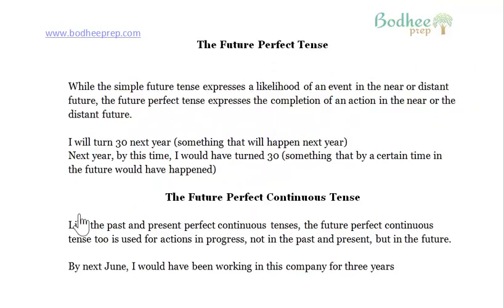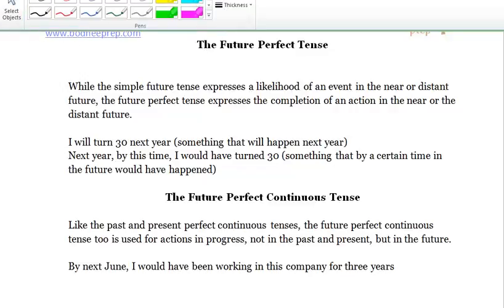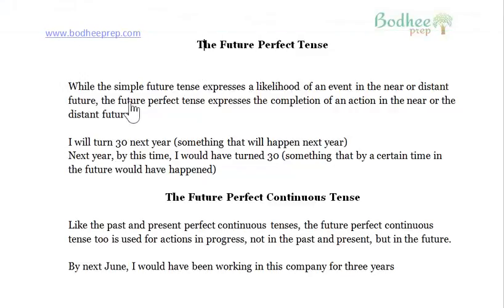Now in this here, we have the future perfect tense and the future perfect continuous tense. Now let's try to understand here the future perfect tense. While the simple future tense expresses a likelihood of an event in the near or distant future, the future perfect tense expresses the completion of an action.